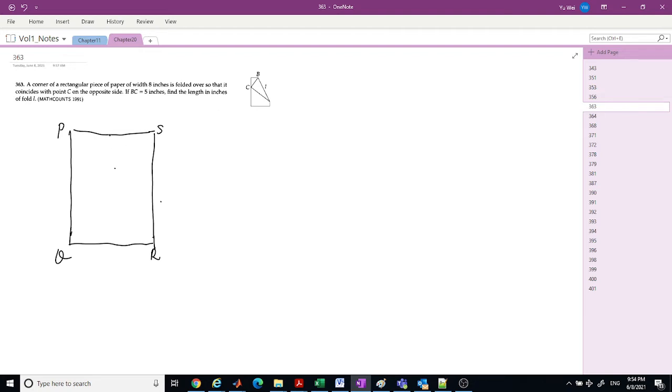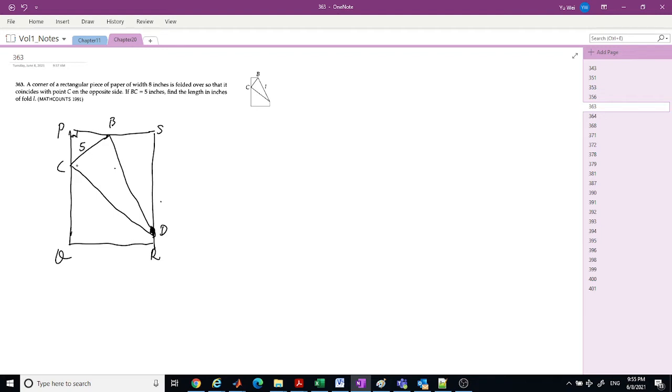So we fold this one to make it touch this one. So that's here, right? So here is B and C and D. Okay, so we know that BC equals 5, right?